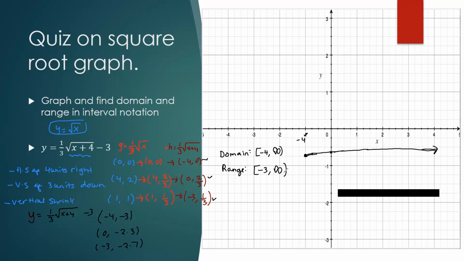And that is your graph, that is your quiz. That's how you would graph this. Now, you do have the option of graphing it one by one. You don't have to do this, but I'll just do it real quick.